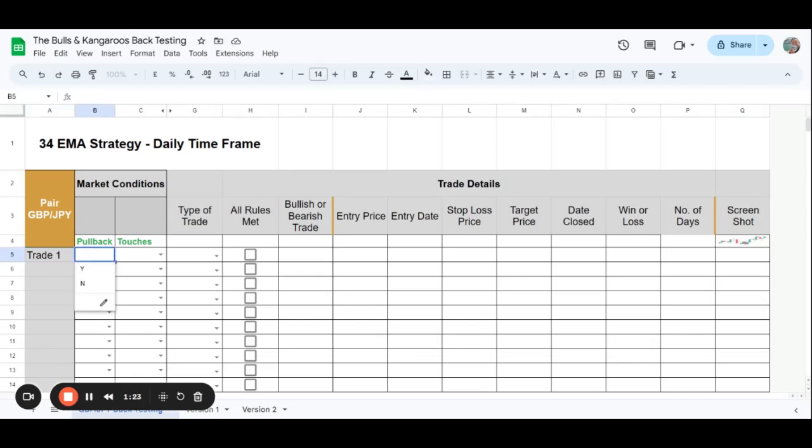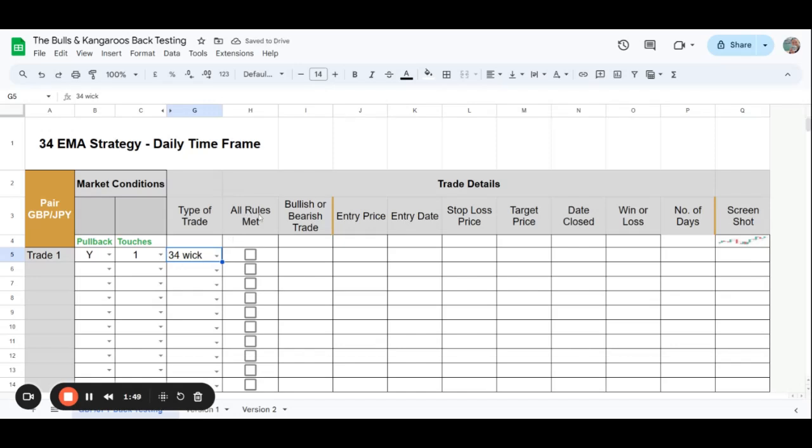I've got a couple of drop downs here to say, was it pulling back? I could be saying yes. How many touches were there on the 34 EMA? I could just say 1, 2, 3 or more than 3. I can just say 1. The type of trade: it was actually the wick of the candle that touched the line.